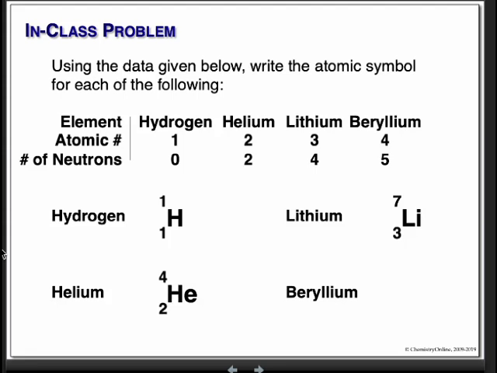And finally, beryllium. Atomic number of 4, so 4 protons. Typically, it will have 5 neutrons, so the mass number is 9. The symbol is Be, superscript 9, subscript 4. Yep, got it right.